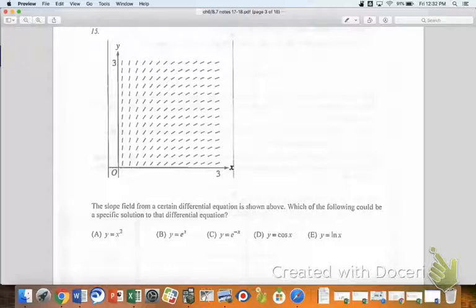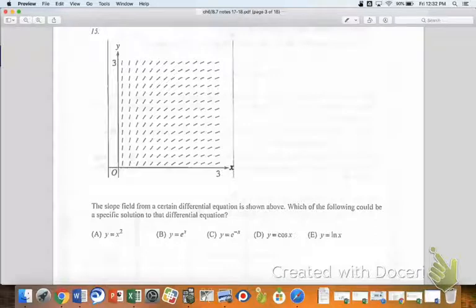How about D? What do you think? D, y equals cosine of that? So do 16 and a half of us think that it's E? So maybe most of us think it's E. Okay, let's find out. Let me show you. It's going to be one of those situations where either most of you are happy or most of you are like, what? I thought it was E. Okay, so here we go.